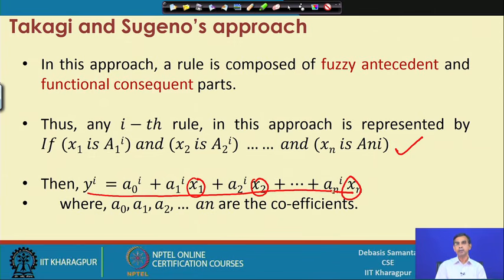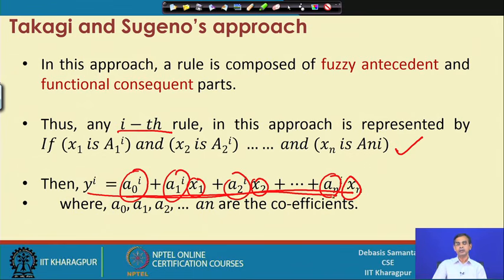How these coefficients can be obtained, I will discuss. Anyway, these coefficients will be supplied by the fuzzy engineer based on the different rules. For the ith rule, these coefficients will be totally different, and it is a difficult job from time to time for the engineer to decide the right value of these coefficients, because the output of a rule depends on the right choice of the coefficient values.